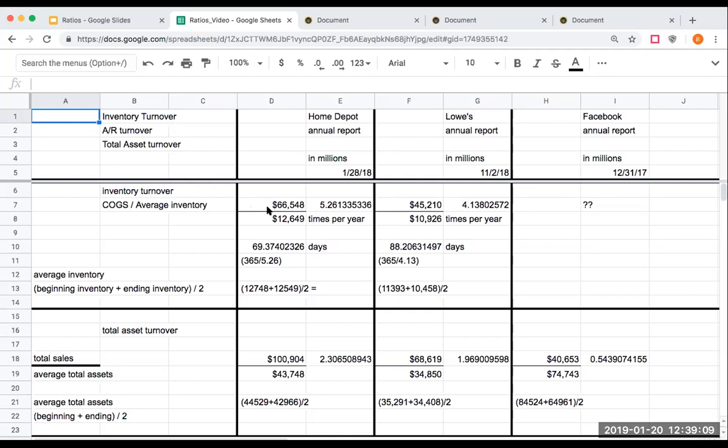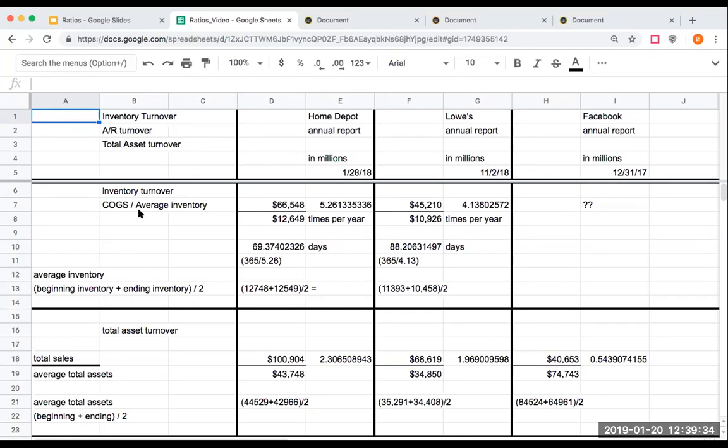For Home Depot, as of January 28, 2018, and notice here, I'm not using the quarterly reports that I did before because I need to get a full year in. Now, these ratios that I'm computing right now are going to be stale dated. Why? Because Home Depot over the last 3 quarters has already been reporting its cost of goods sold.